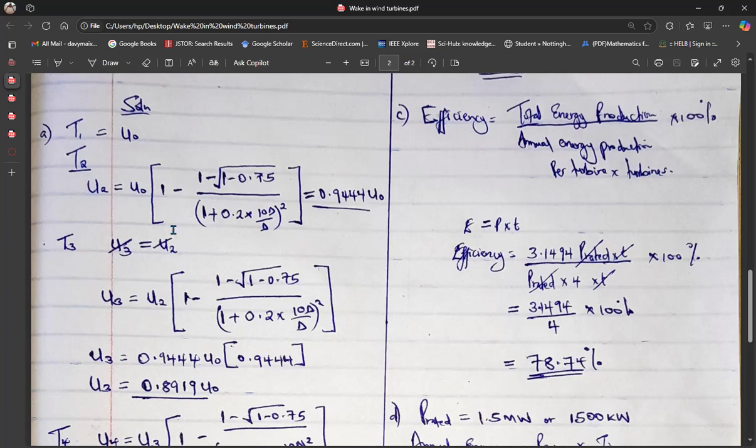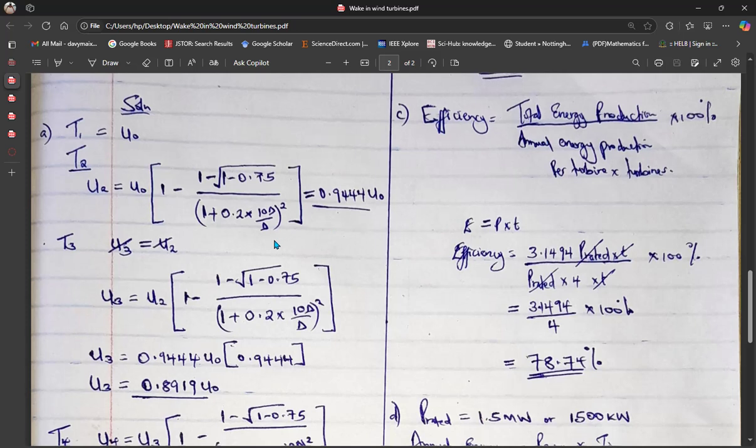So we have U2 equal to U0, which is the one before, and then we have the normal equation. We have the thrust coefficient here as 0.75. So this is just similar to the one we did. So you just get U2, which is the speed in the second turbine, being 0.9444, but now in terms of U0.